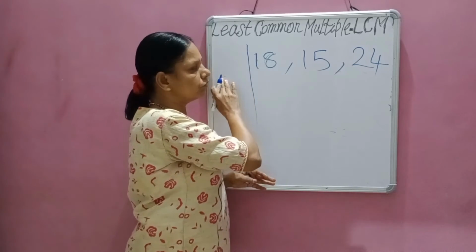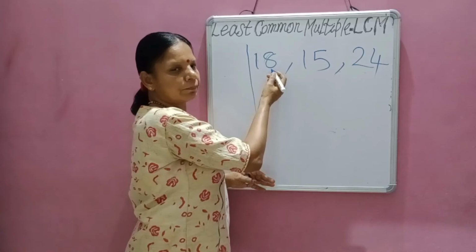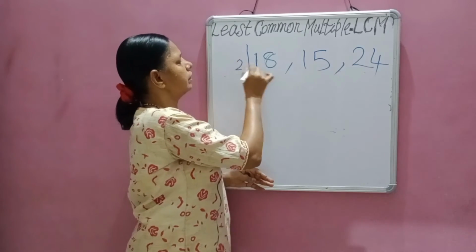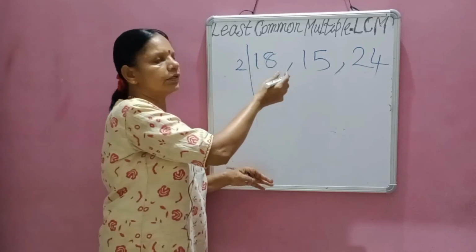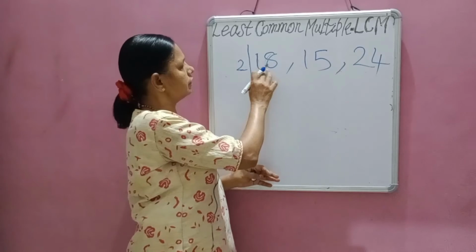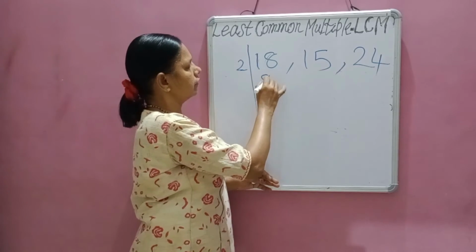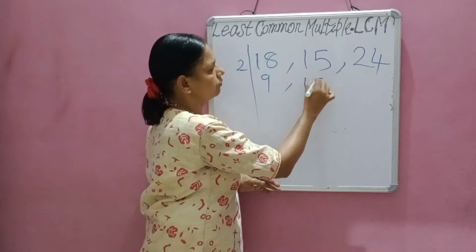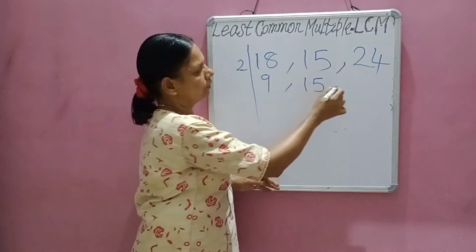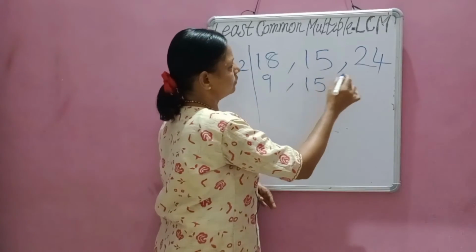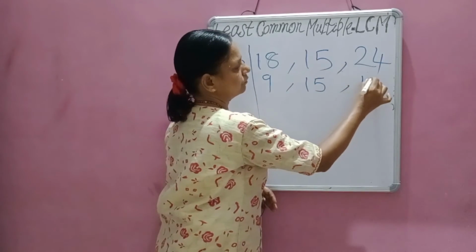So we start from 2. 2 divides 18, so you can write 2. If a number is not divisible, don't leave it, just carry it to the next step. When you divide 18 by 2, you get 9. Here it is not dividing, so write 15 only. 24 is divisible, so the answer is 12.